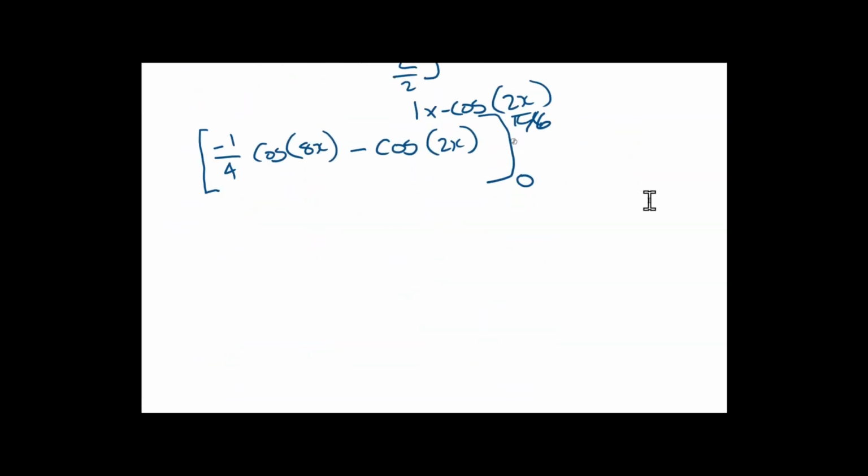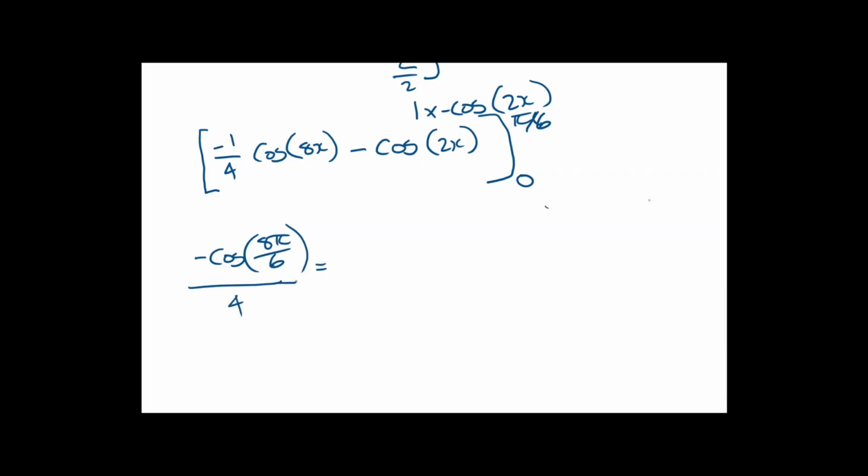Let's put all of our x's into this. We're going to need to find 4 things here. The tempting thing is just to put in the top value and ignore the 0, and I would say don't do that. So negative 1 over 4 cosine of 8 pi over 6.